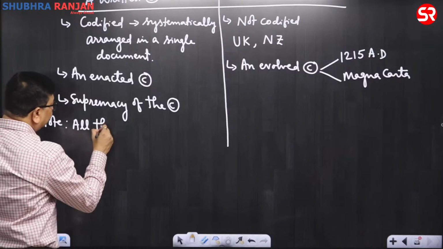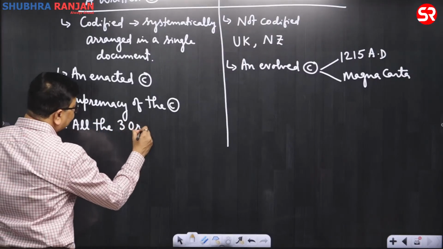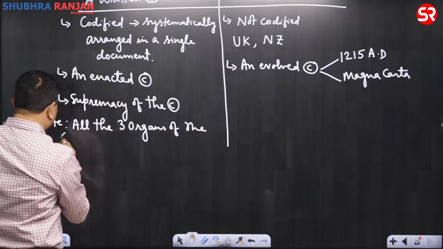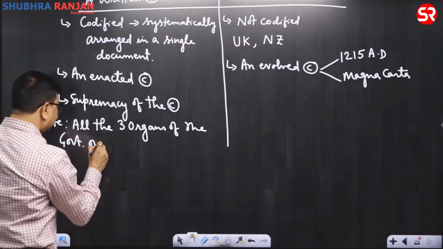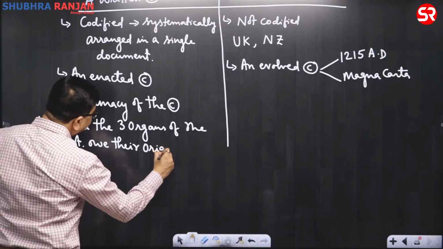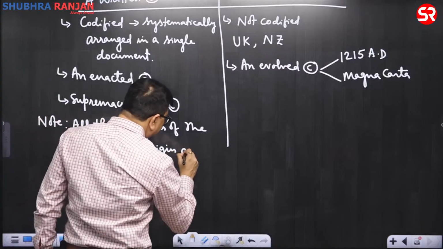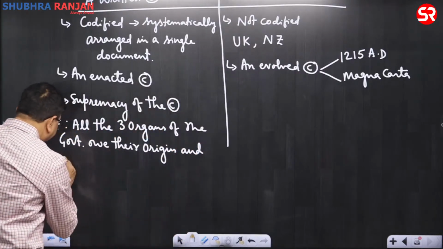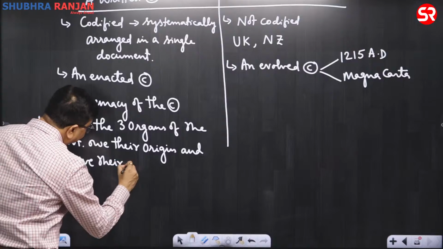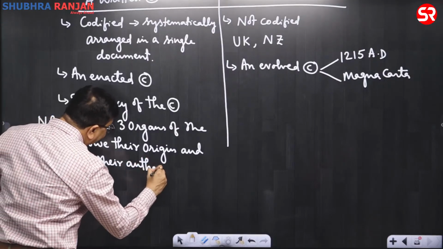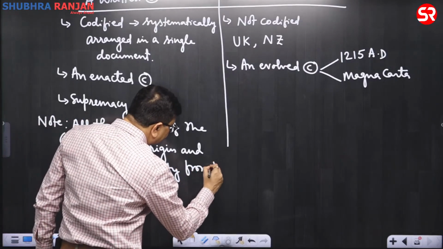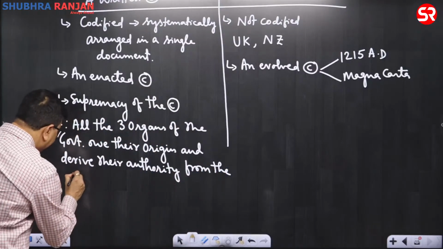Because all the three organs of the government owe their origin and derive their authority from the constitution.